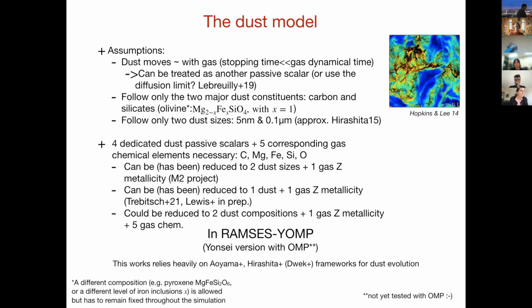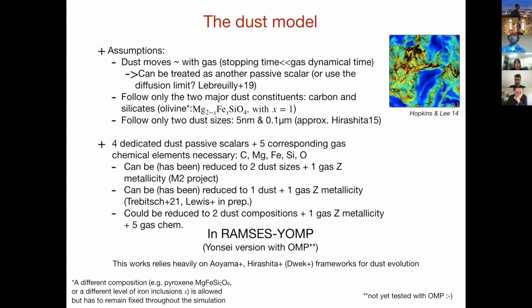The good thing is that we can treat dust as a passive scalar, just as we usually do with the metal gas phase, and we only follow two major dust constituents, which are carbon and silicates, and two dust sizes, small grains at 5 nanometers and big grains at 0.1 micrometers. This is an approximation. We're not following the whole grain spectrum, but apparently, according to Hirashita, this is a fairly good approximation, at least for a galactic context.